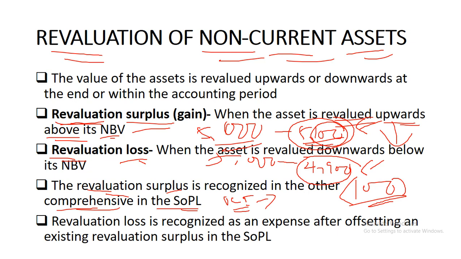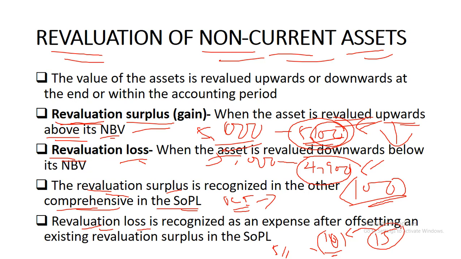Then what if we've got a revaluation loss? When we've got a revaluation loss, this loss is supposed to first offset an existing revaluation gain. So if we have maybe a gain of 10 in the previous year, revaluation surplus, and then currently we have, say, a revaluation loss of 15, we need to deduct this existing 10 revaluation surplus, and then what's remaining is what we recognize as an expense.